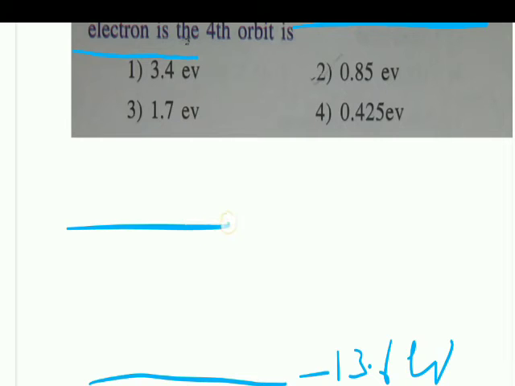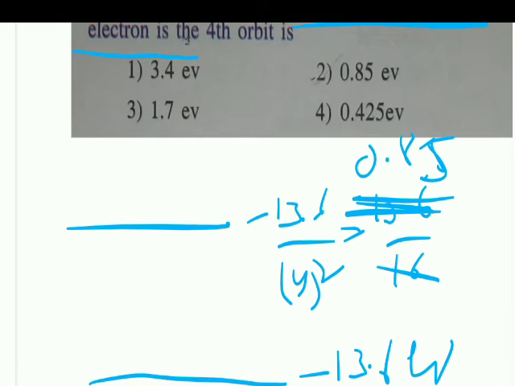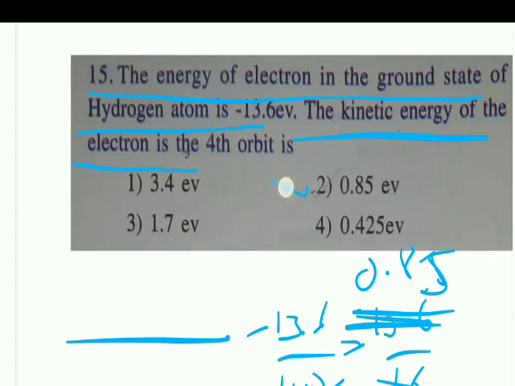For the fourth state, minus 13.6 by 4 whole square, then 13.6 by 16. 16 8s are 128, so 0.8 remaining, 16 5s are 80, so 0.85 is the right answer.